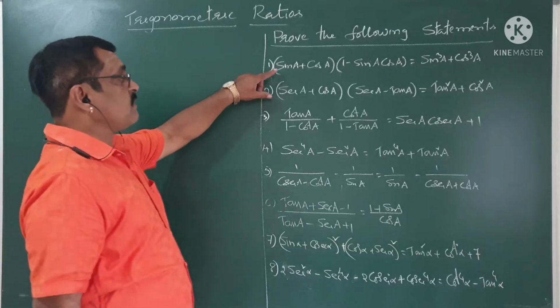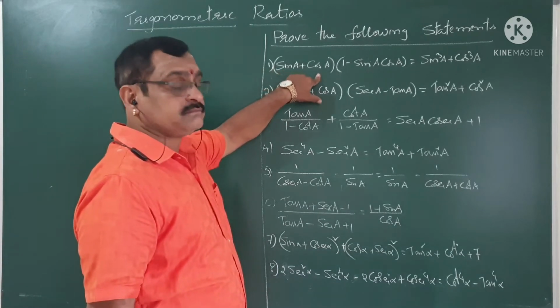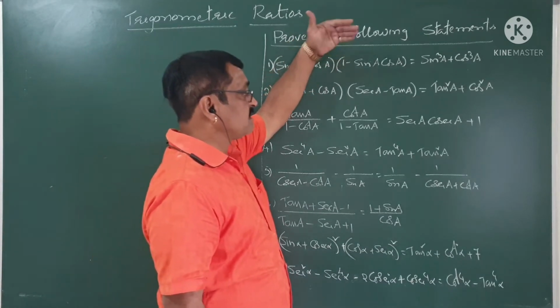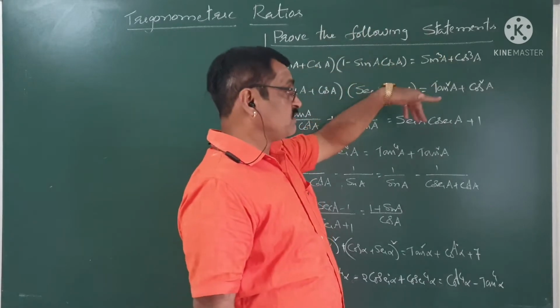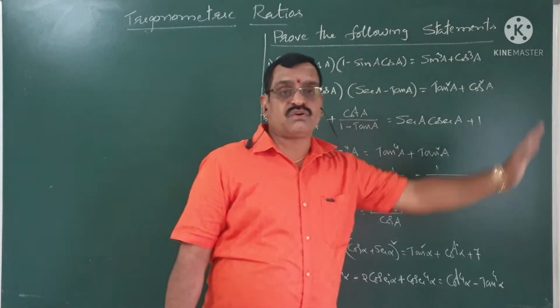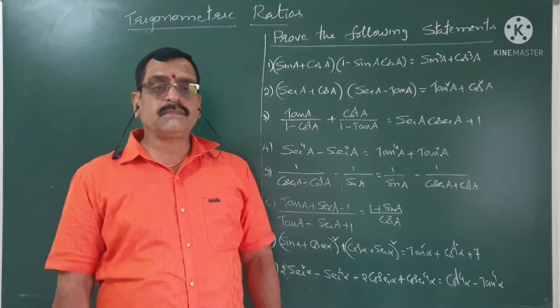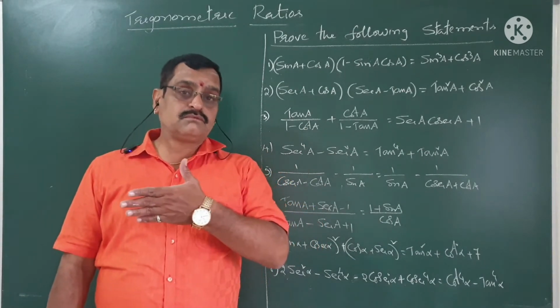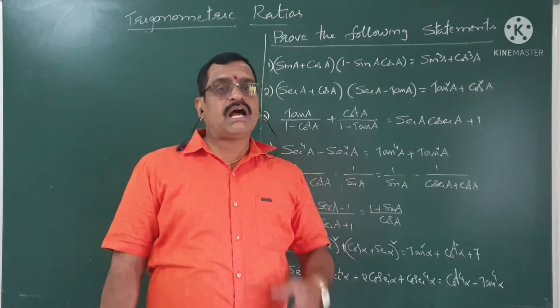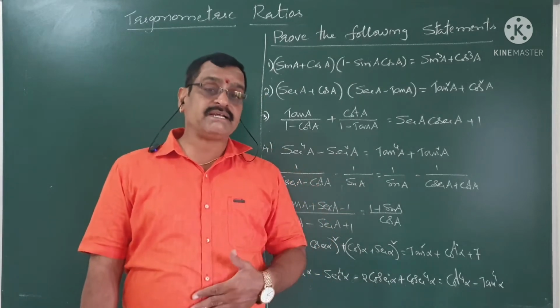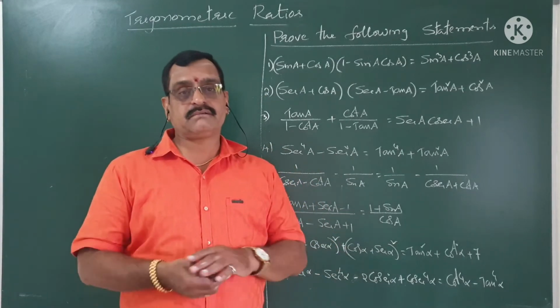The first question is sin A plus cos A times 1 minus sin A cos A is equal to sin cubed A plus cos cubed A. Now, we have a tradition of proving identities of trigonometry. How?